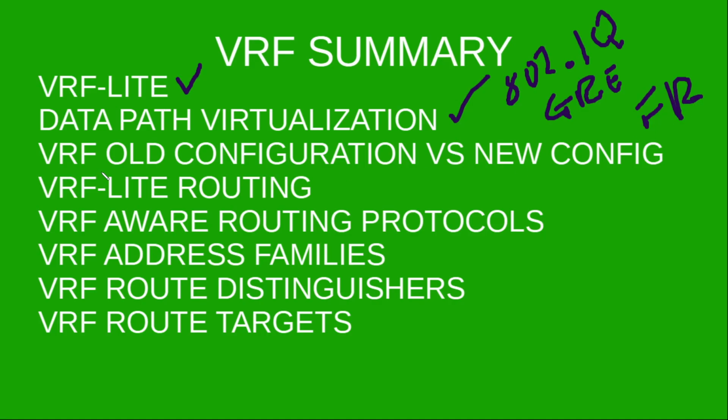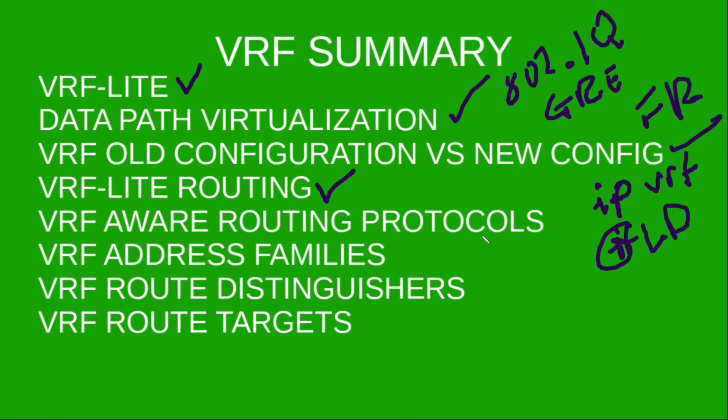We saw the old way to configure VRFs versus the new config. Remember that, for instance, all commands that start with IP VRF or IP VRF forwarding are the old way to do it, and there is a new way to configure VRFs.